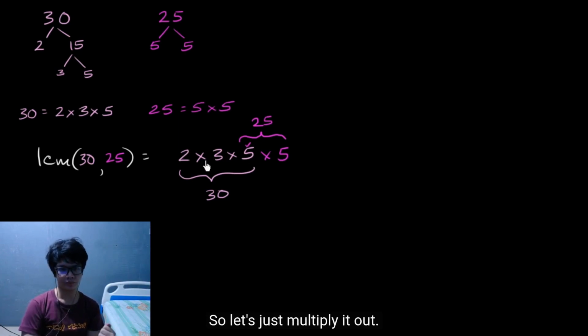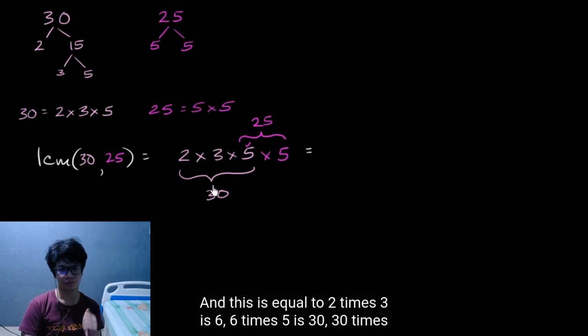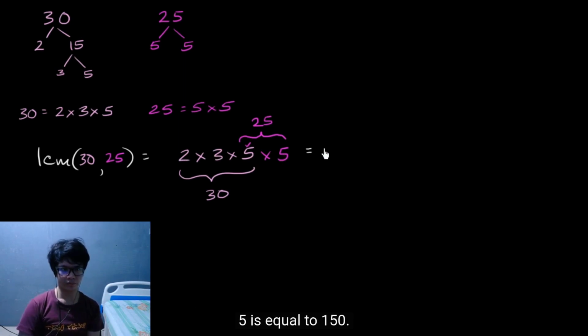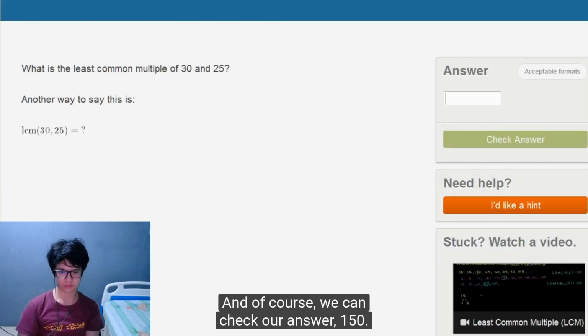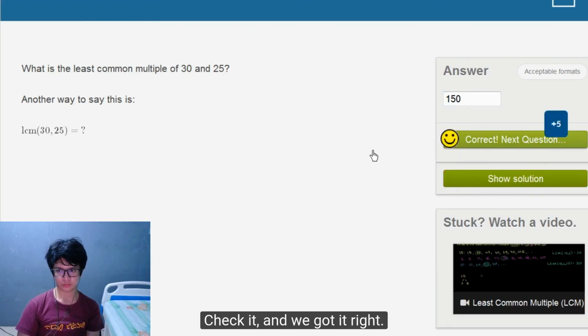So let's just multiply it out. This is essentially the prime factorization of our least common multiple. And this is equal to 2 times 3 is 6. 6 times 5 is 30. 30 times 5 is equal to 150. And of course, we can check our answer. 150, check it, and we got it right.